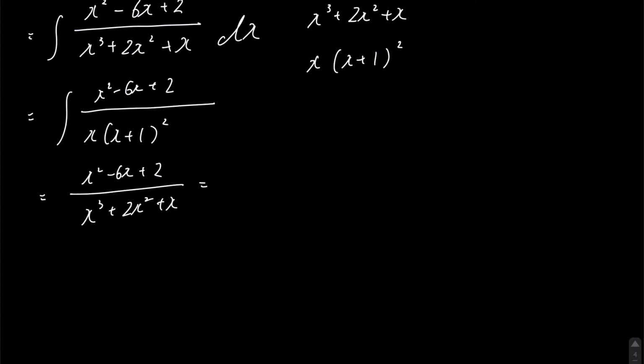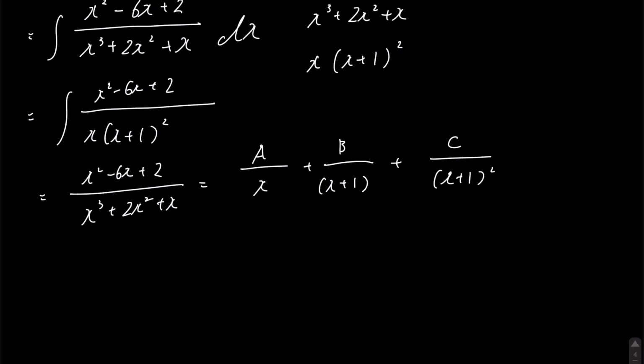So our numerator is A over x plus B over (x plus 1) plus C over (x plus 1) squared. I just write it as a sum of partial fractions.